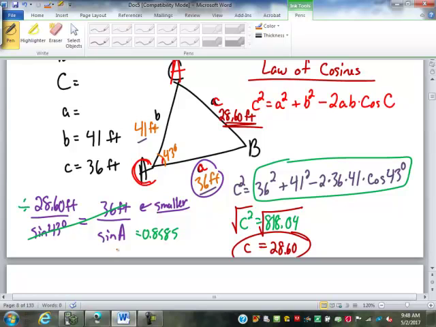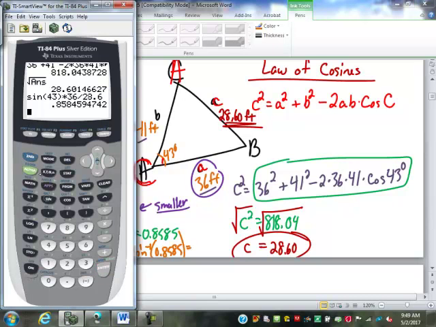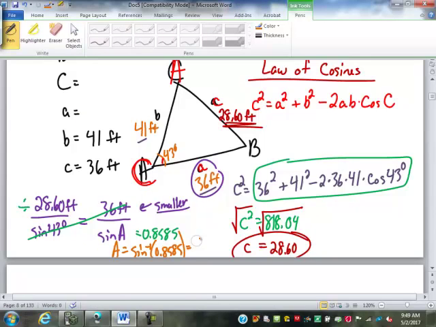So then, of course, A is the inverse sine of that 0.8585. Again, I'm going to leave it in the calculator. Second sine, second answer: 59.14 degrees.